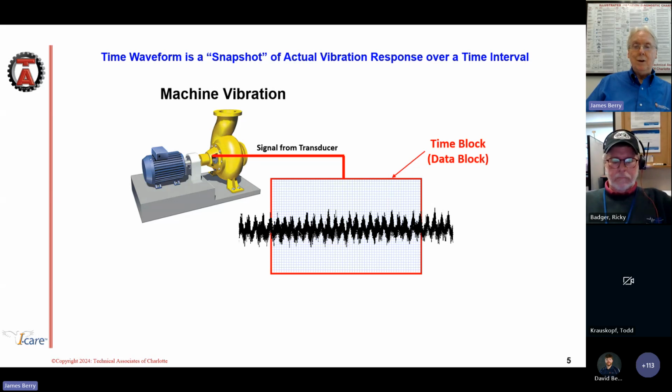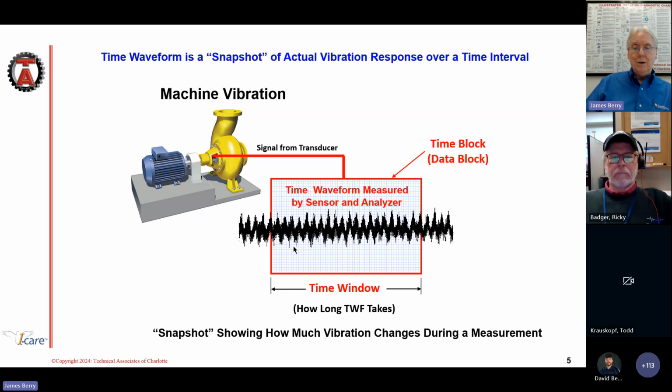Now, looking at this time block, from the beginning of this block to the end of the block, the time waveform is measured by the sensor and the analyzer, right? And the time window itself goes from this point to this point. That is, it's how long this time window takes, and the more points that we're going to capture, the better the waveform will be. And we'll get into that in a few moments.